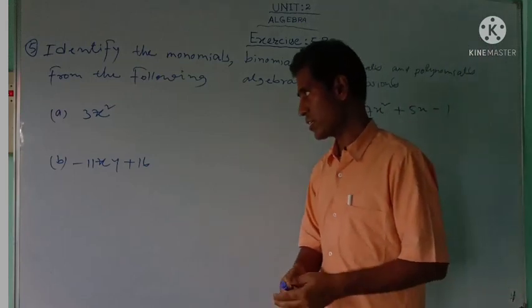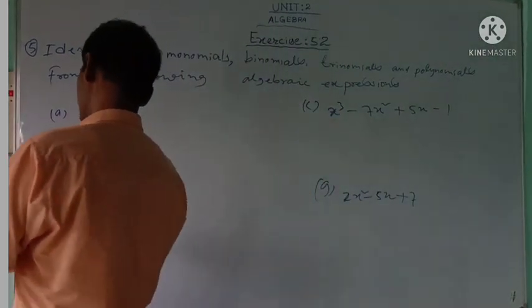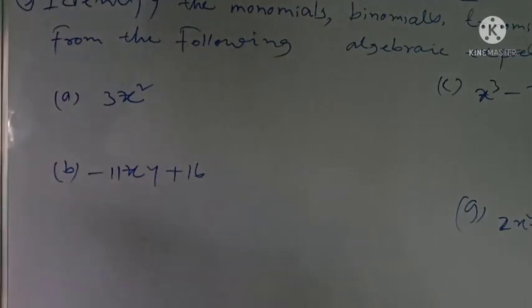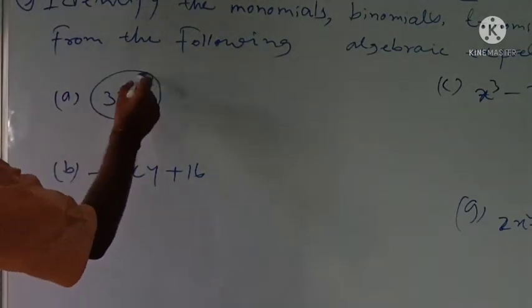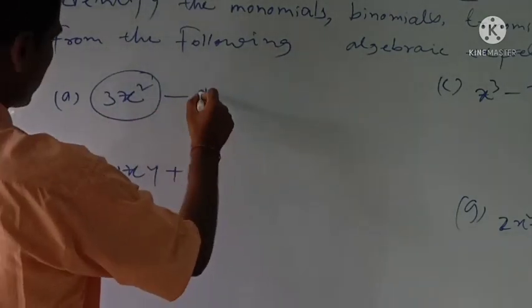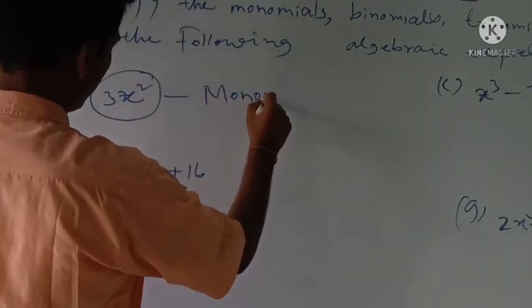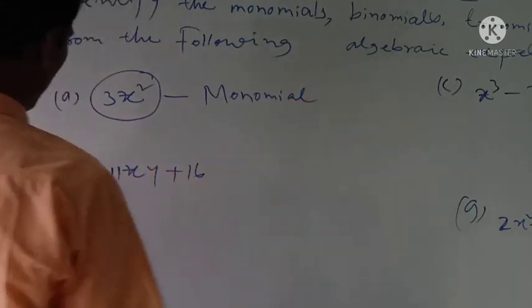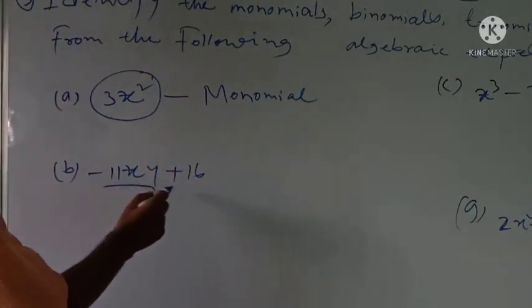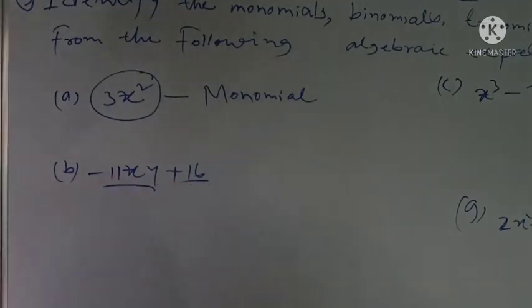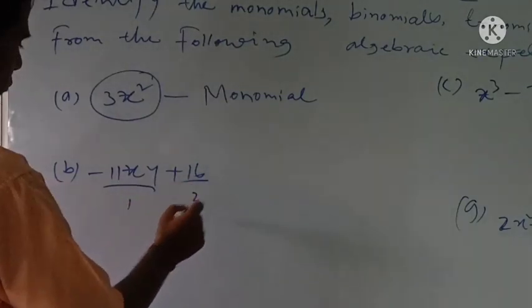It's very simple. Now see, for example, question number 5, sub question A. You have only one term here, thrice x squared. So this is a monomial. Now question B. Minus 11xy is one term, 16 is one term, so we have 2 terms.